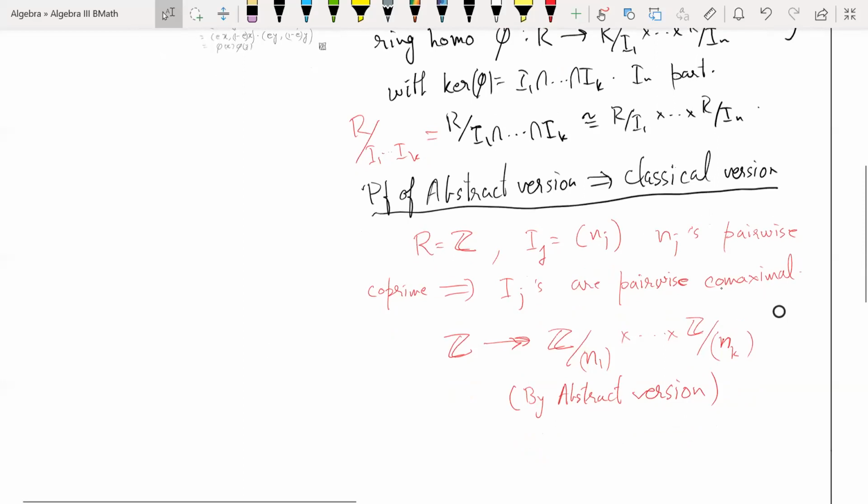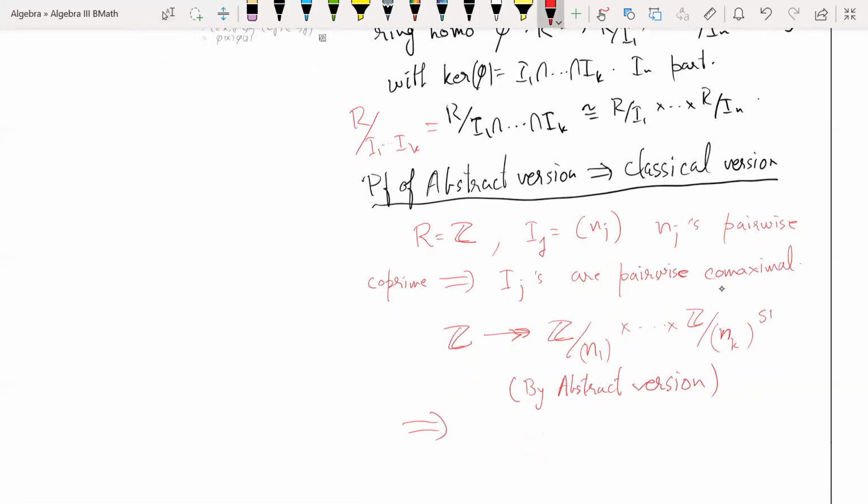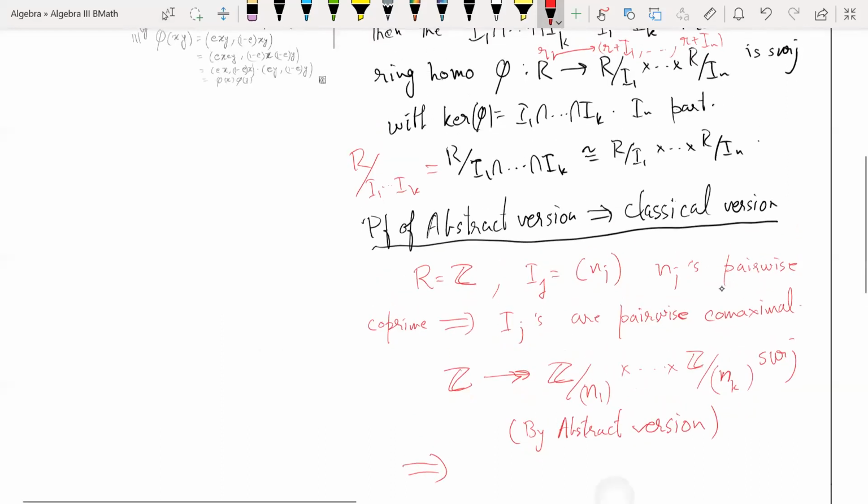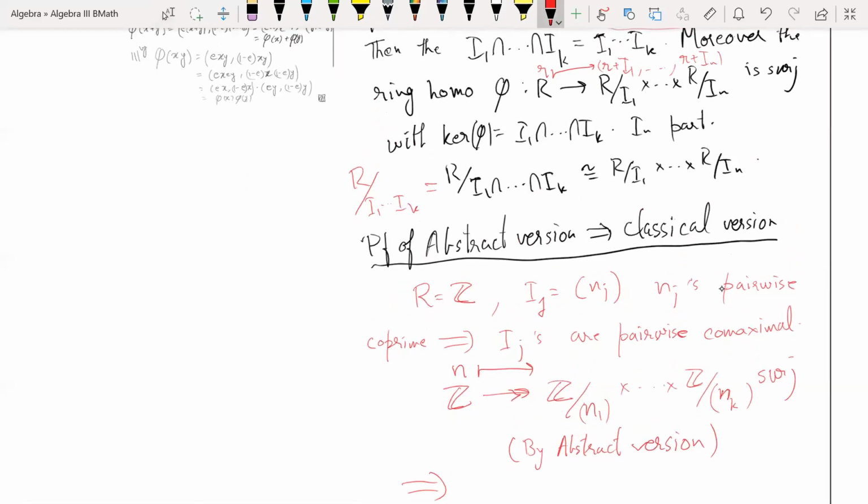So this implies surjective. And here remember the map: n goes to n mod n1, that is, n plus n1Z.